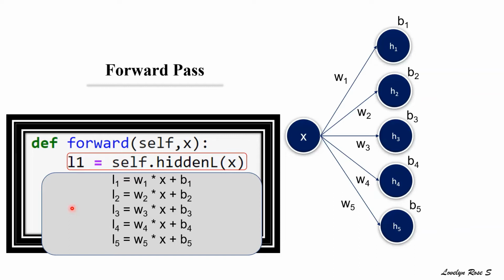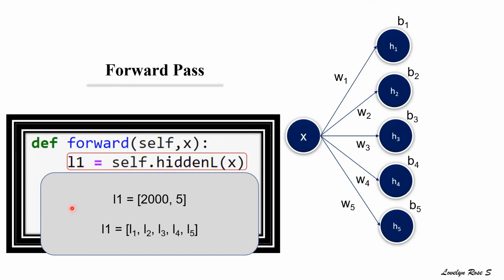And for the second hidden node, I calculate L2, which is W2 into X plus B2, and so on till the fifth hidden node, which is W5 into X plus B5. Please note, this is what I've been calling so far a linear activation because I've not added any nonlinear activation function here. It is just the net input. We call it the net input because it combines the weight, the input, and the bias.